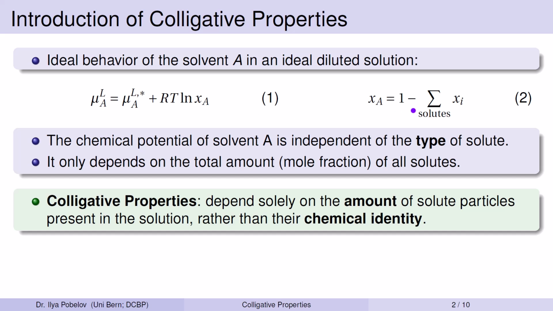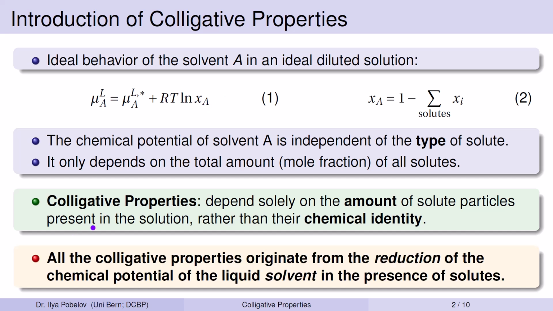Mathematically, this is indicated by the term which includes the logarithm of the solvent's mole fraction. The smaller Xa, the more negative this term becomes. Importantly, all the colligative properties that we will discuss originate from the reduction of the chemical potential of the liquid solvent as a result of the presence of solutes.